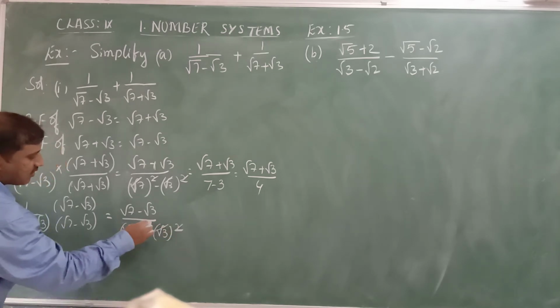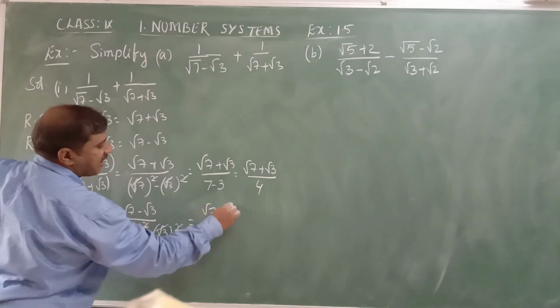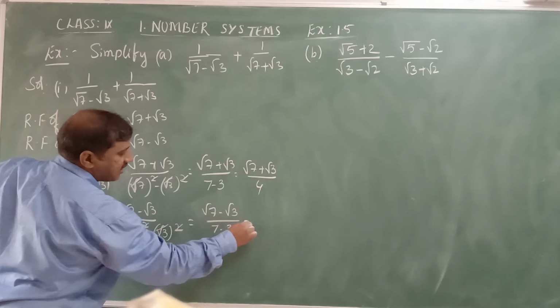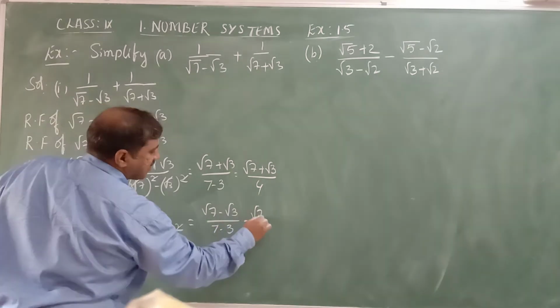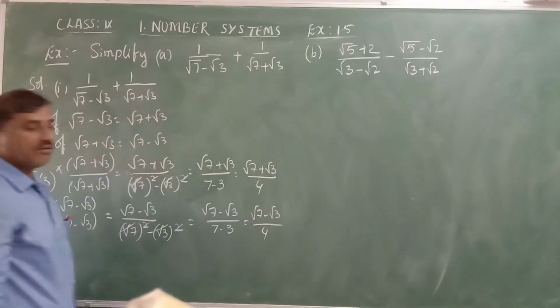Square and square root are cancelled. We get root 7 minus root 3 divided by 7 minus 3, which is 4.